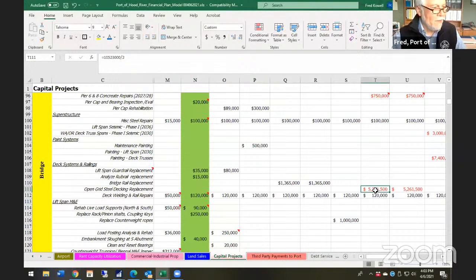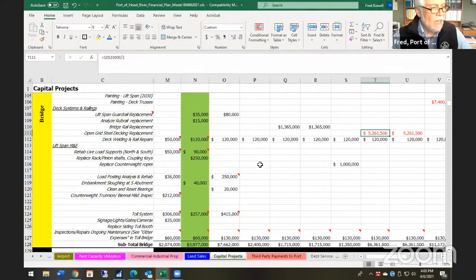However, I think at this point, I probably need to change my model a little bit. If we do some deck replacement at this point in time, this probably needs to go away. Anyways, so that probably needs to go away if this actually transpires here in 2026, 27, 2028, excuse me.